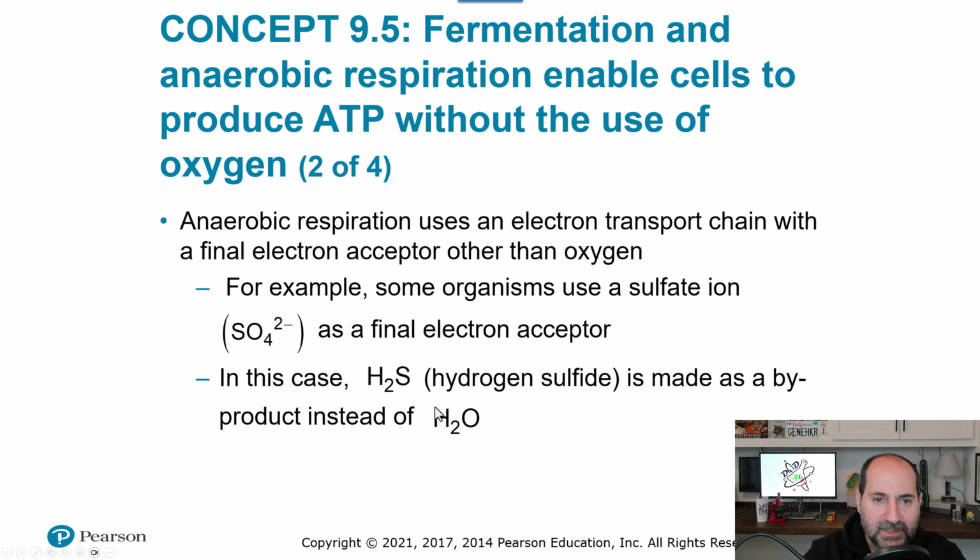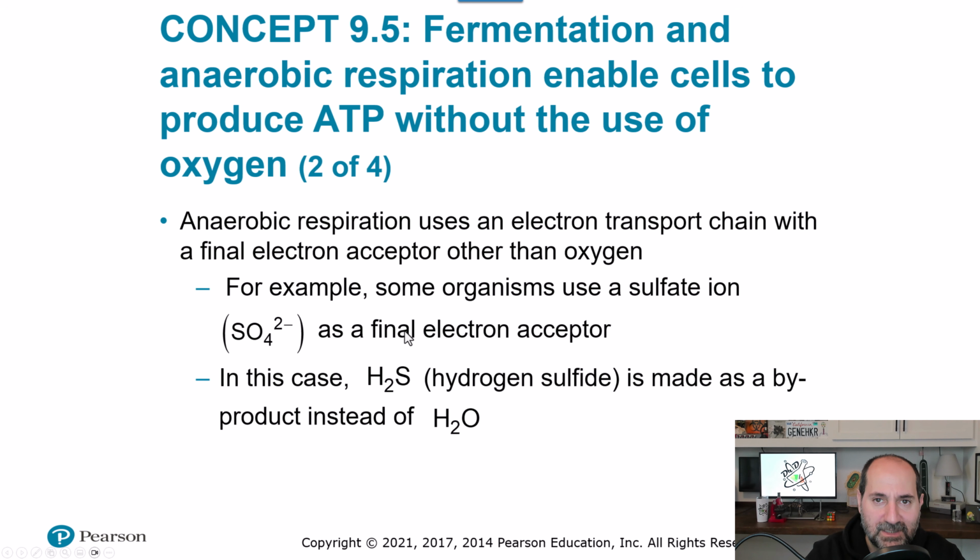Anaerobic respiration uses an electron transport chain with a final electron acceptor, or terminal electron acceptor, other than oxygen. For example, some organisms use sulfate ion, SO4 2-, as the terminal electron acceptor. In this case, hydrogen sulfide is made as a byproduct instead of water.